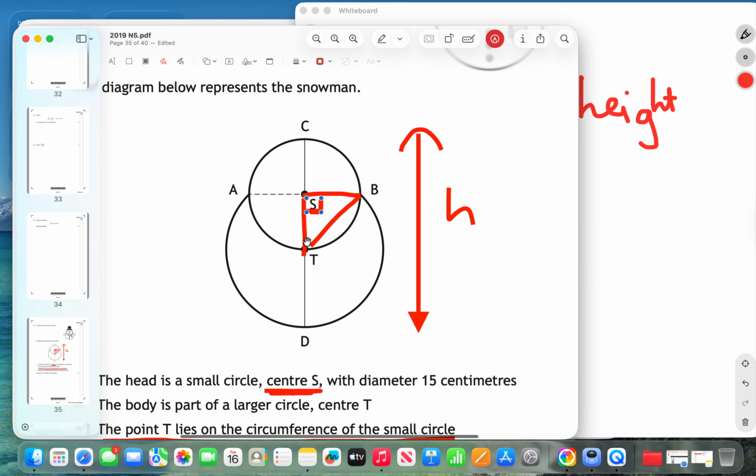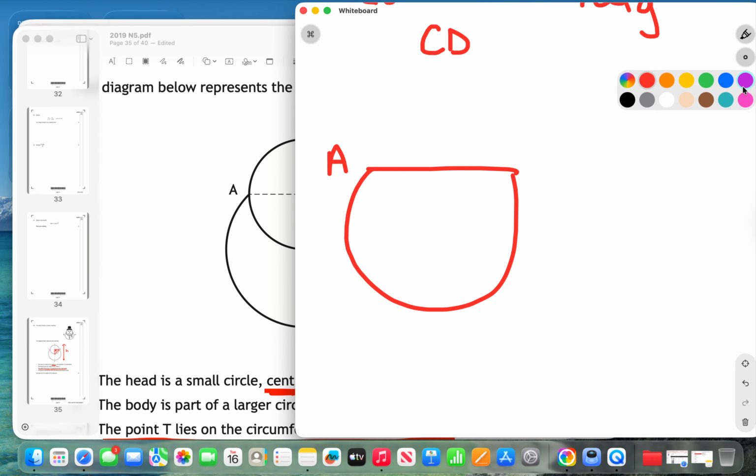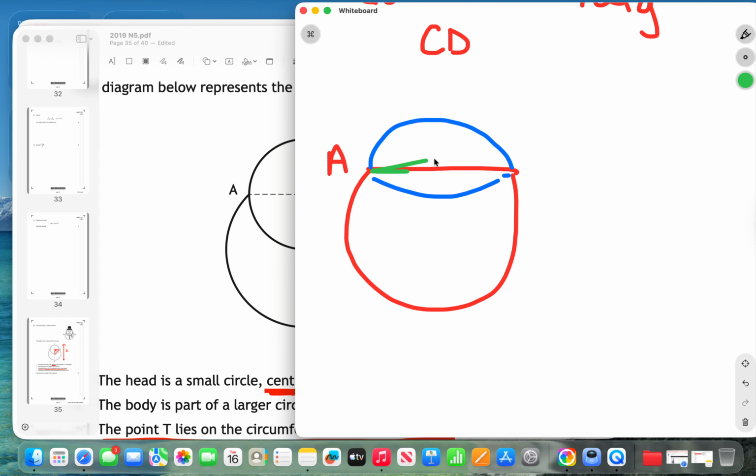And we know that it is right angled, as I said, because we have the chord. This is the big circle and the bit we've cut off, and this line is the chord.